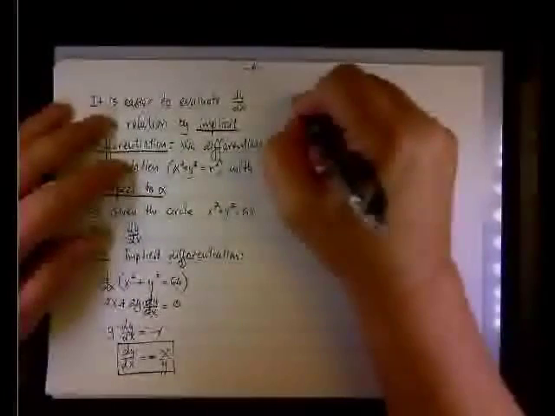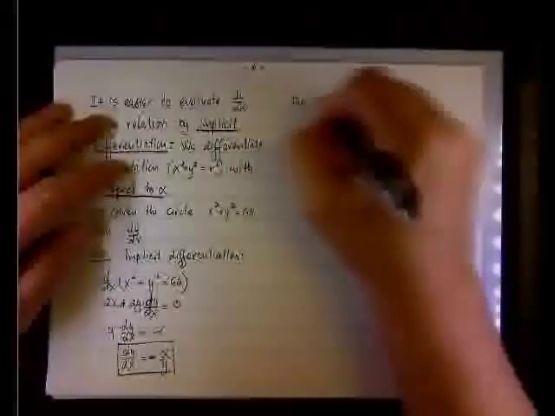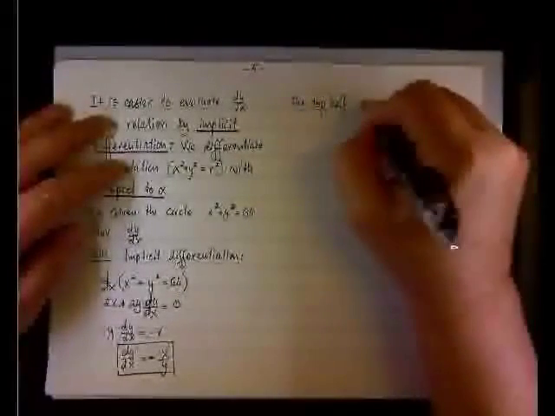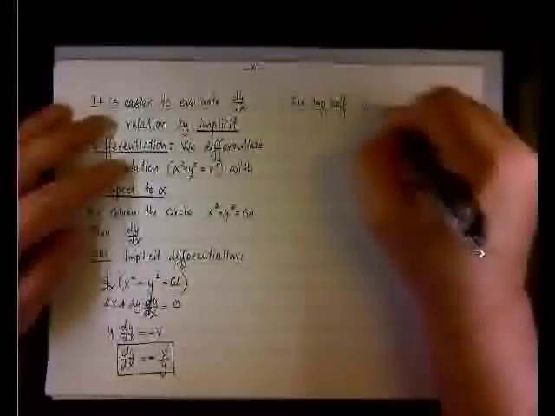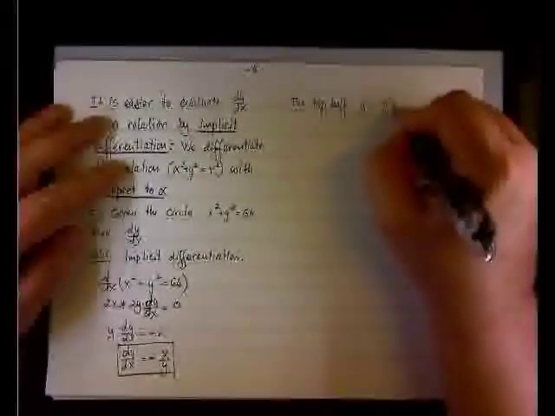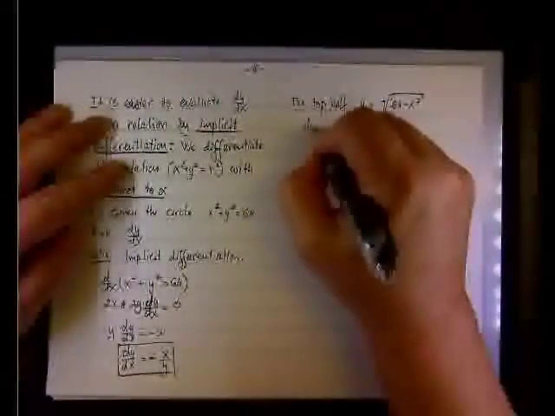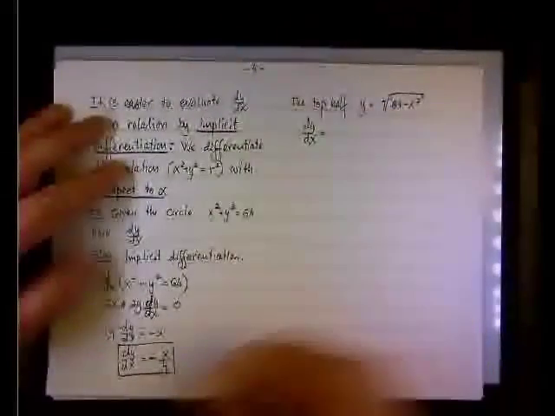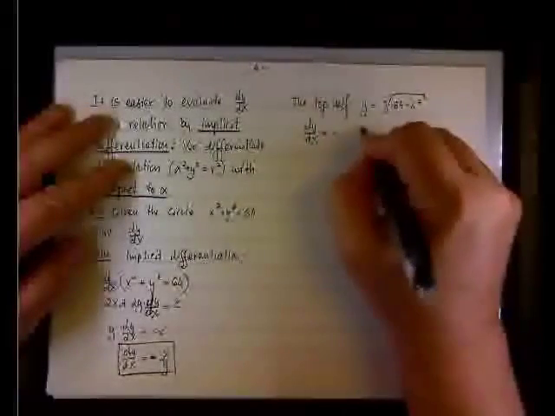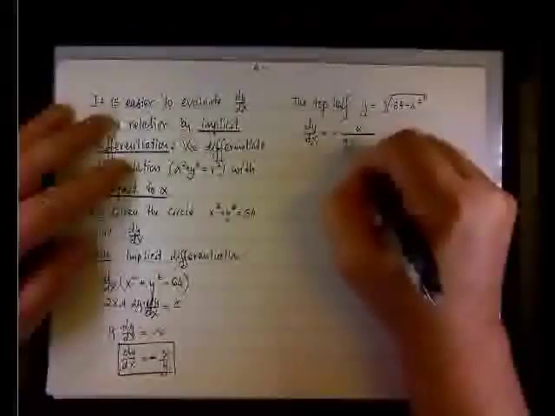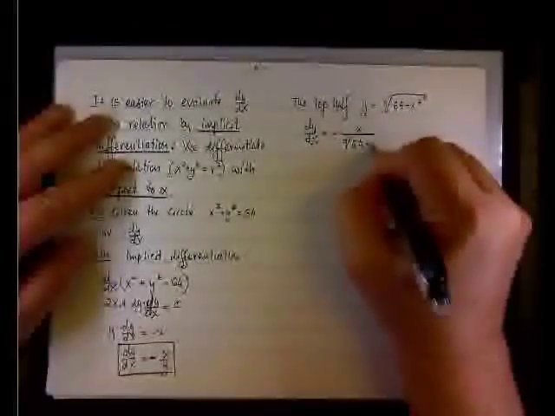Let's look at the top half. For the top half, y equals the positive square root of 64 minus x squared, right? So dy/dx would be equal to negative x over the square root of 64 minus x squared.